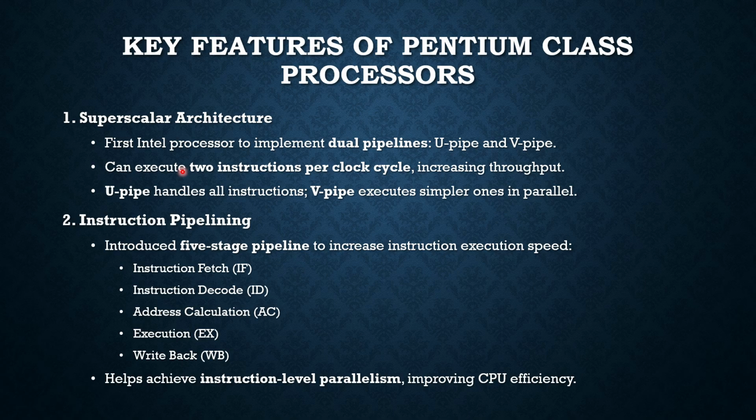Coming to the Pentium class of processors, we already said we have a superscalar architecture, and this is the first processor that introduced 5-stage pipelining in order to increase instruction execution speed. That is instruction fetch, instruction decode, address calculation, execution and write back, which helps to achieve instruction level parallelism and hence improves CPU efficiency.